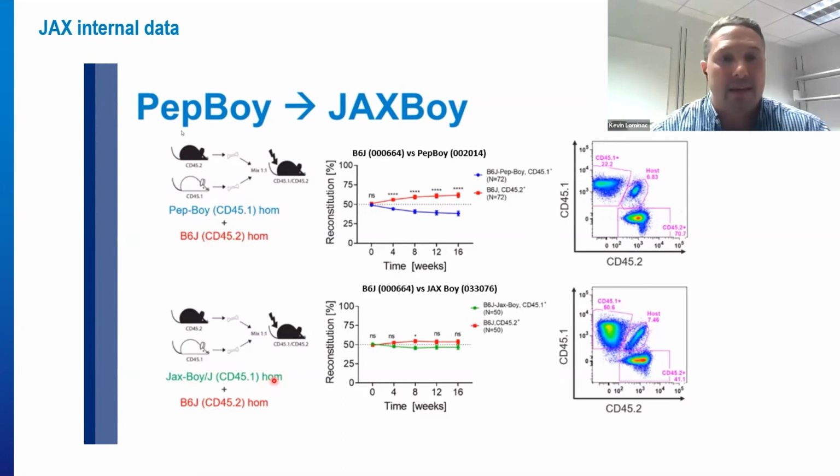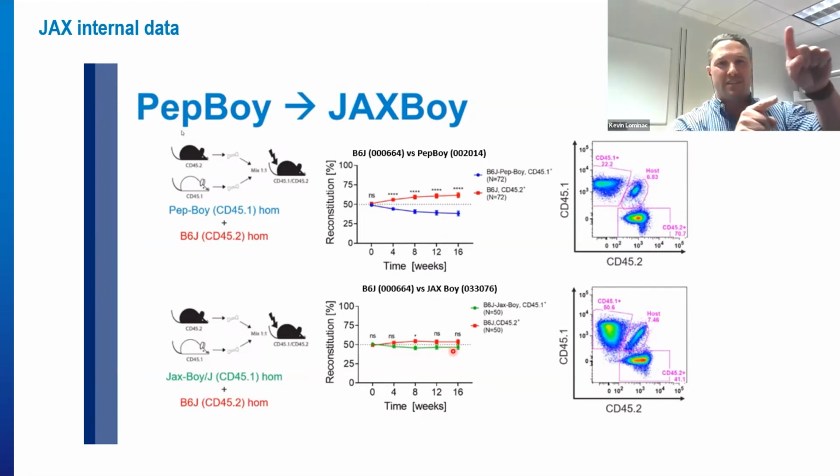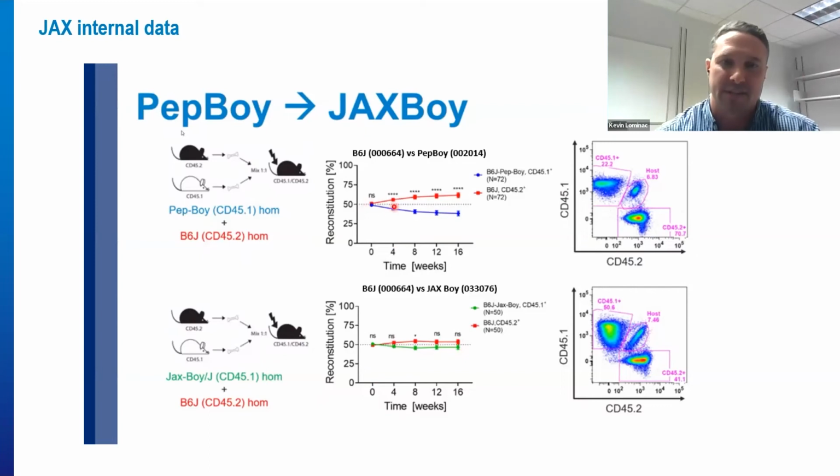And so we looked at the same thing, and there's two things. Strikingly, right off the bat, there's better engraftment. There's no significant difference right at the 4-week time point between CD45.1 and CD45.2 expressing cells. Over time, it's also a much more stable engraftment. You can see with PepBoy, they sort of divide over time as some of those cells thrive more than others.